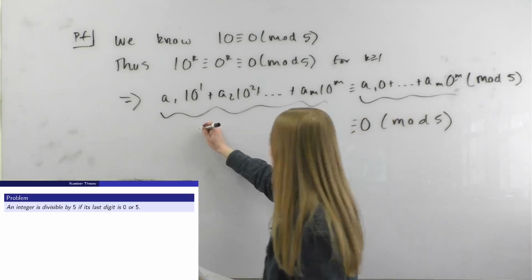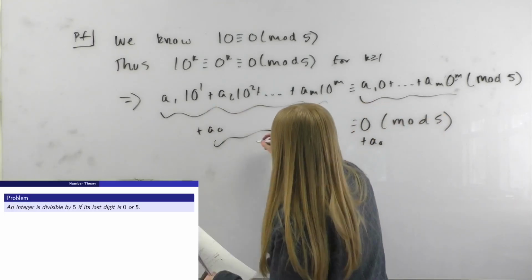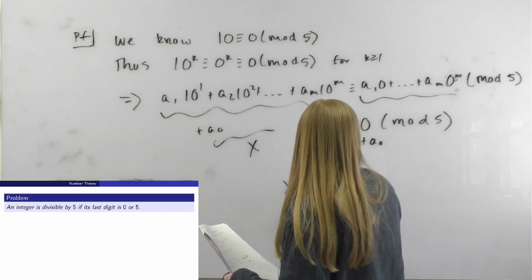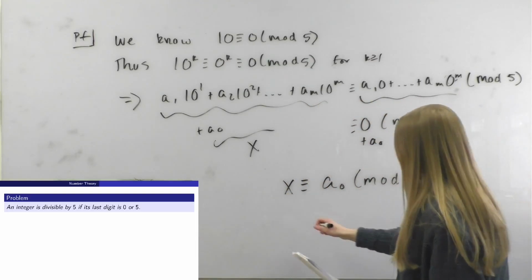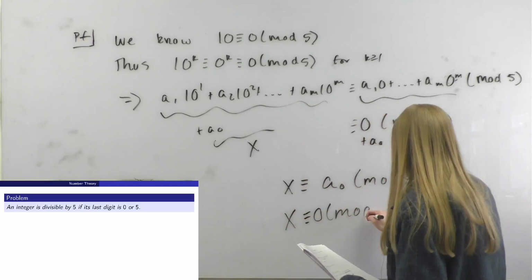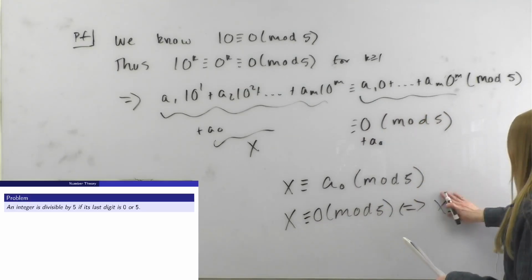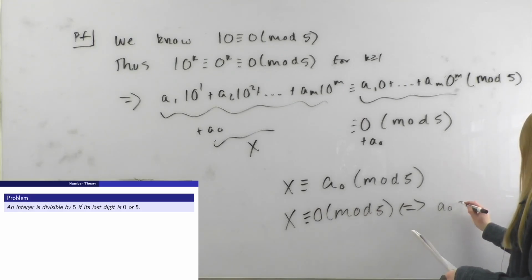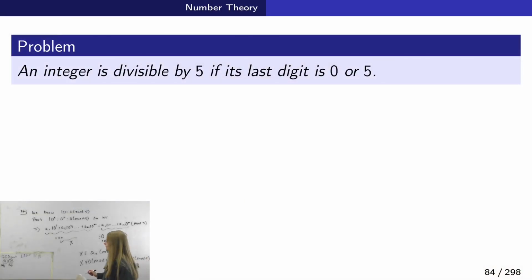Yeah, we need a0. So what we're going to do is add a0 to both sides. We're going to call the number this makes x. So x is congruent to its first digit, mod 5. So x is congruent to 0 mod 5 if and only if a0 is congruent to 0 mod 5. QED. We're getting close. I think I just need 5 more.